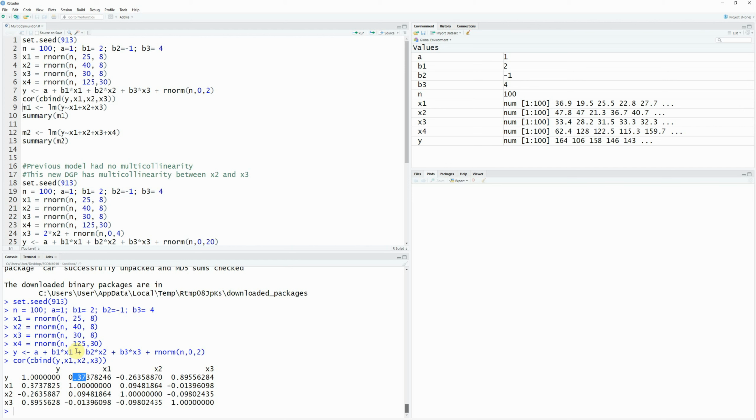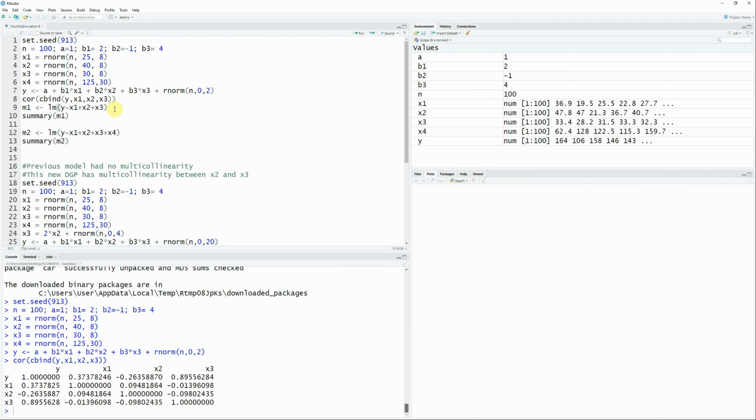But what we really want to look at is this matrix here, from the second row to the fourth row and second column to the fourth column, because that's where we can see the correlation between the right hand side variables, and you can see that everything is less than 0.1 except the diagonal elements. So we are good. We don't see any correlation among our right hand side variables.